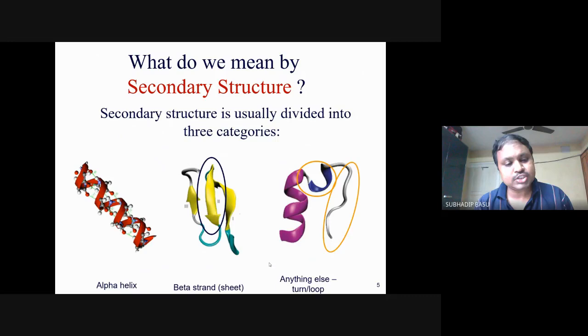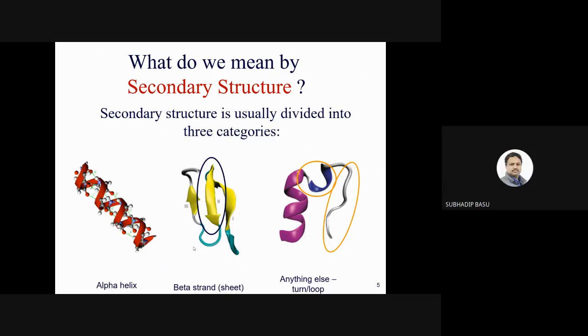As you can see, they can also be numbered, as these are directional. On the right, they have strand number 1, strand number 2, and strand number 3. These are sheet-like structures, more like planar structures. So we call them sheets, and the alpha helix is made of helical loops.